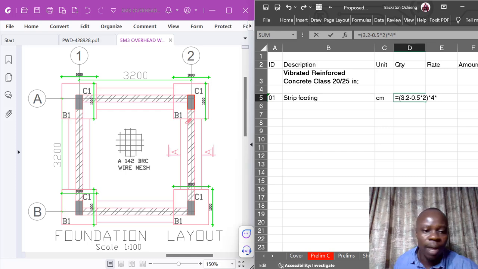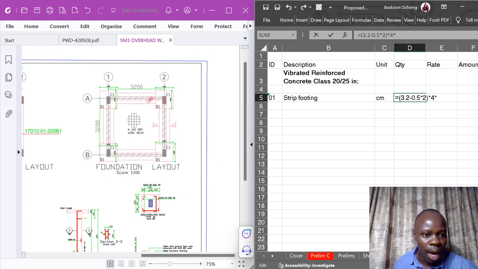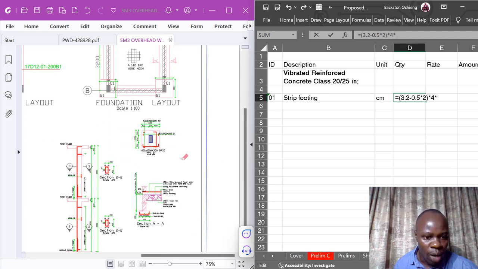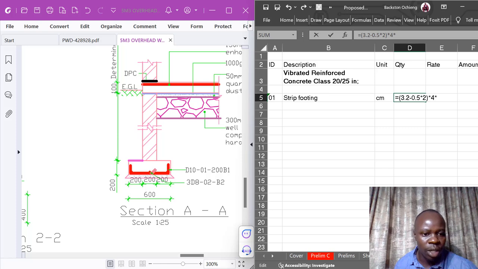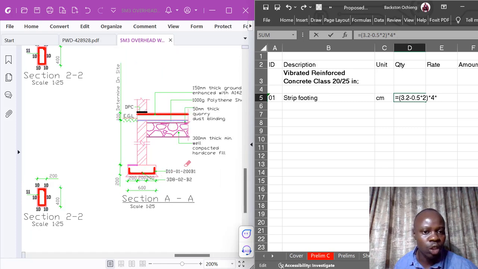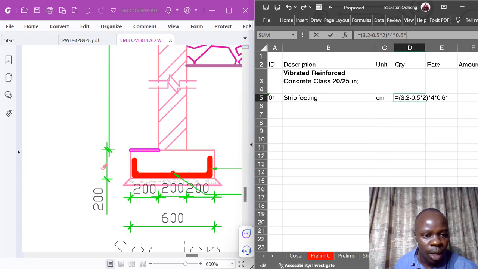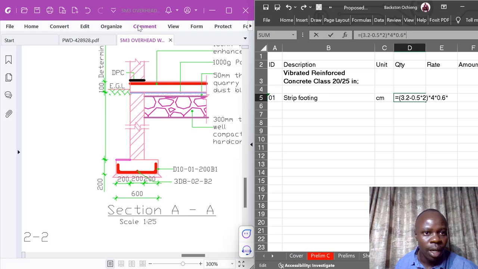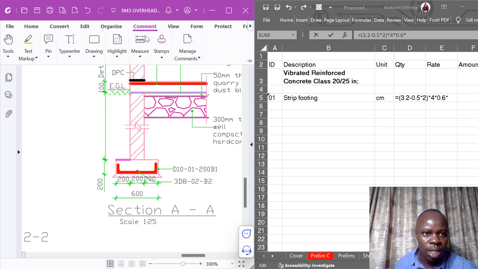Then I will multiply that by the width. And when you do so, you normally get the width of it from the section. This is the section of the strip footing, and it gives me 0.6. Then the depth of the concrete strip footing is 200. Look at this, this is the one I'm talking about.